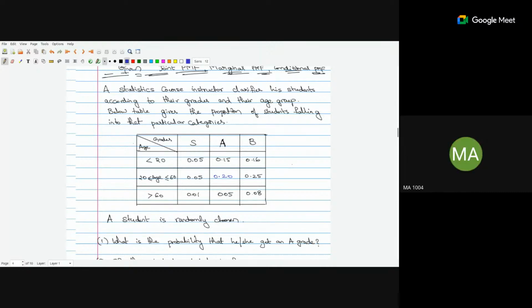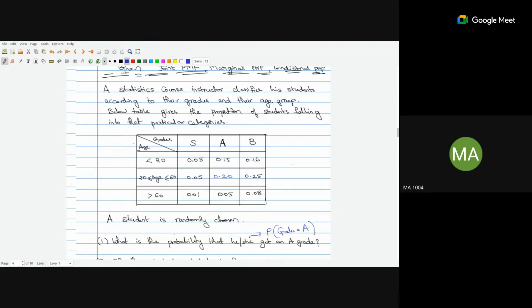If you see grades as a random variable and age as a random variable, grades can be S, A, B. Out of that, we wanted the probability that it is A. So that means grades taking value A. We are asking about the marginal distribution of the grades, and out of that we wanted the probability that the grade is equal to A. So this turns out to compute the probability that grades takes A, that means marginal of A.